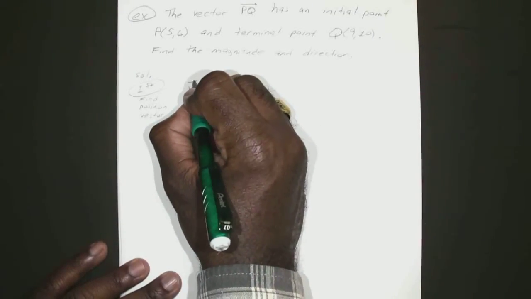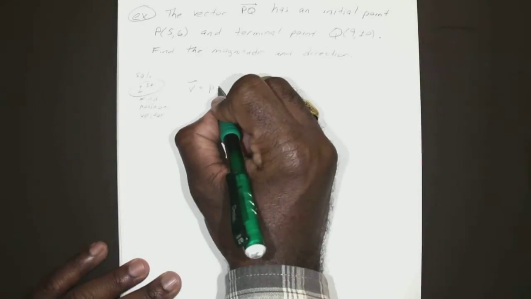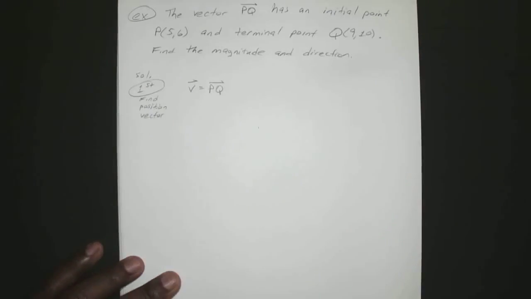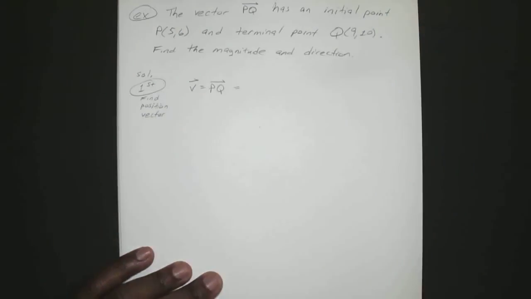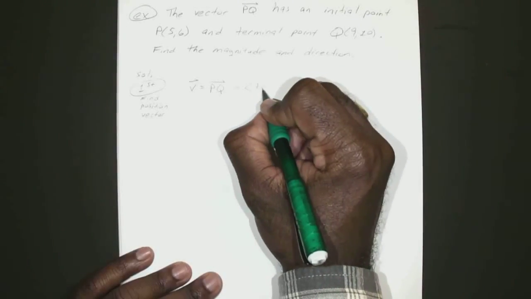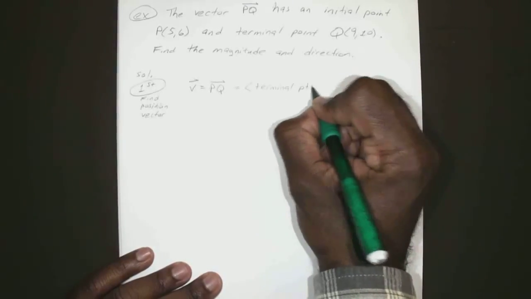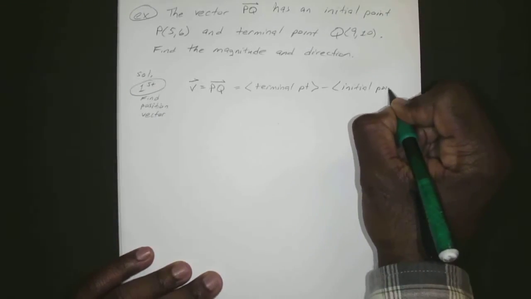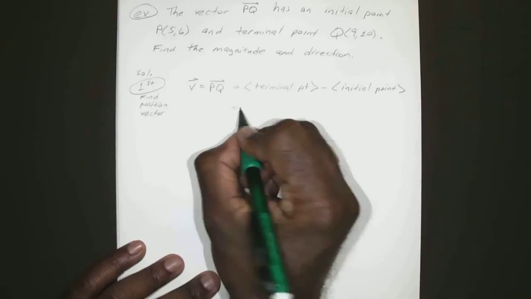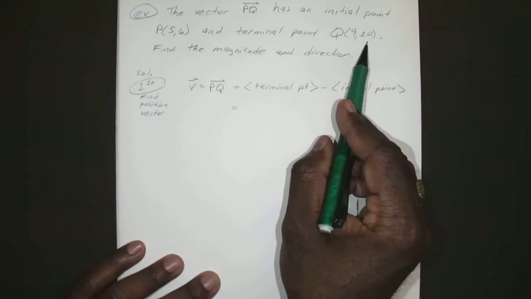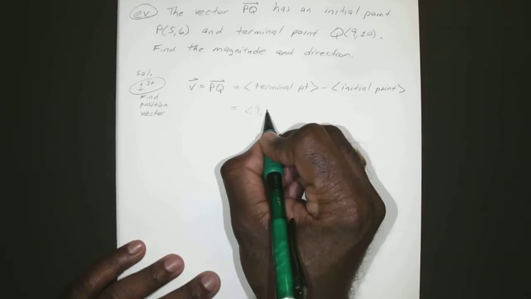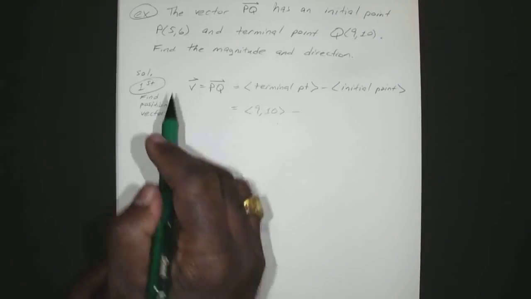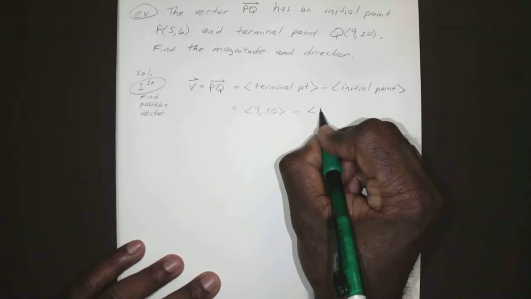Okay, so we know our position vector is equal to our P and Q. Okay, and we know we can find that initial vector by the terminal point minus the initial point. Okay, so that's going to equal our terminal point, which is 9, 10, minus our initial point, which is 5, 6.